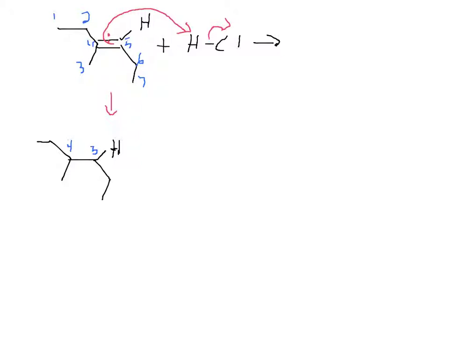Which carbon should have the carbocation? After much discussion, we decided on 4. 4, of course, is more substituted. This is a methyl, not an H. Remember, don't forget that. We also make Cl minus.